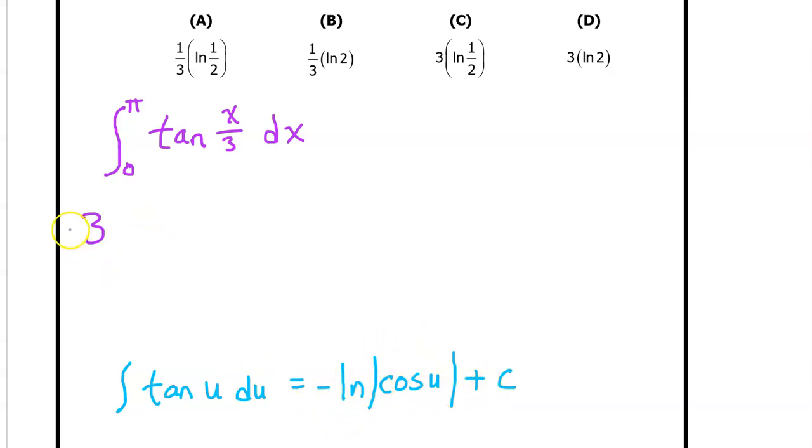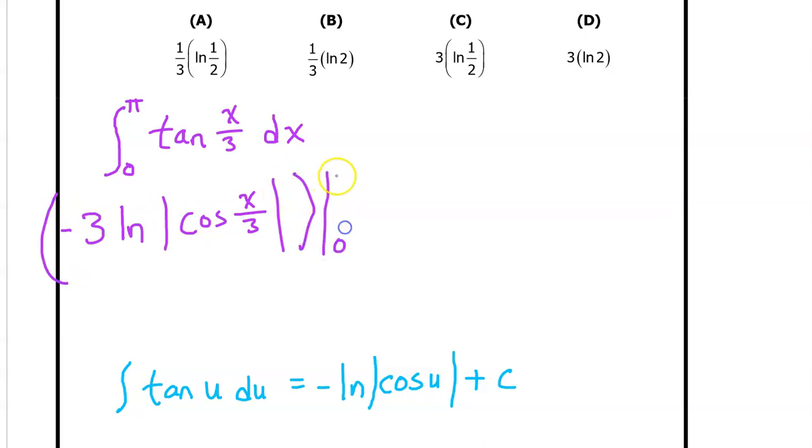So here it comes. Negative natural log of the absolute value of cosine u, which is x over 3. Instead of putting plus c, I am going to apply the limits of integration from 0 to pi. This tells me that I need to find the value at pi minus the value at 0.